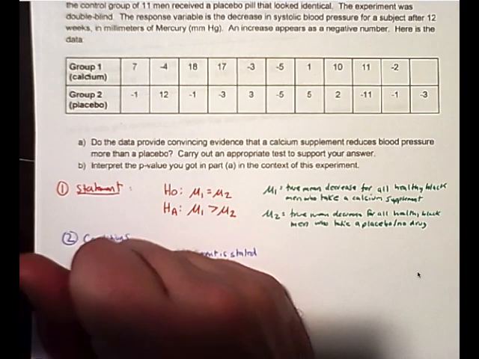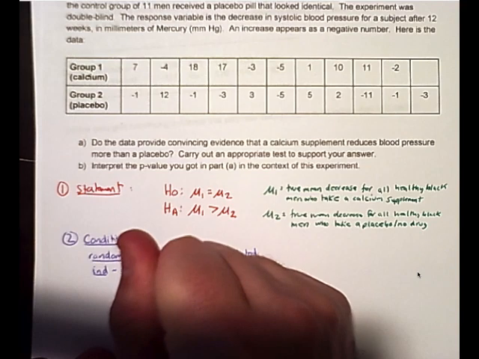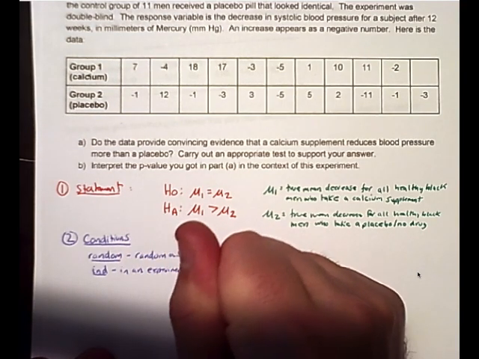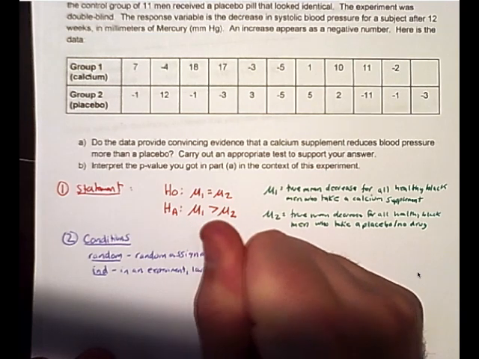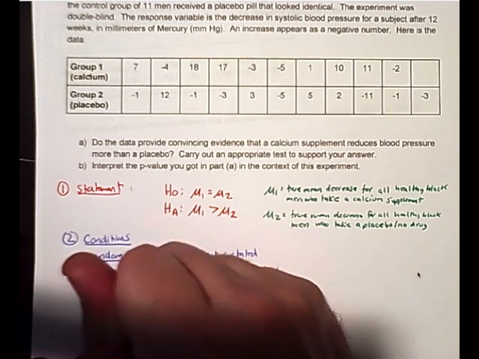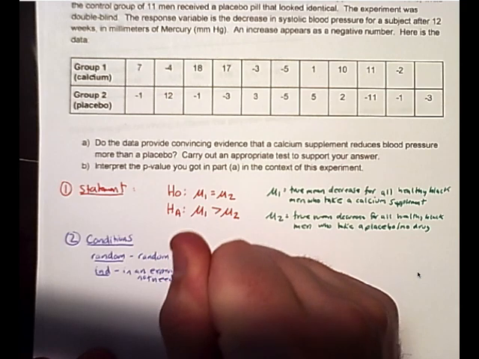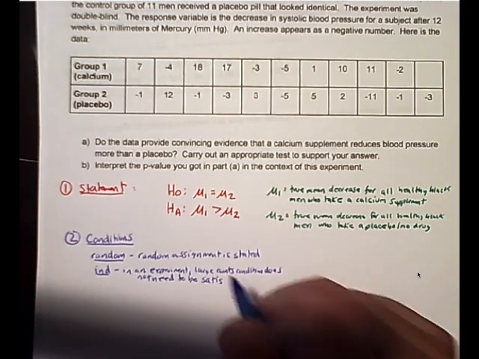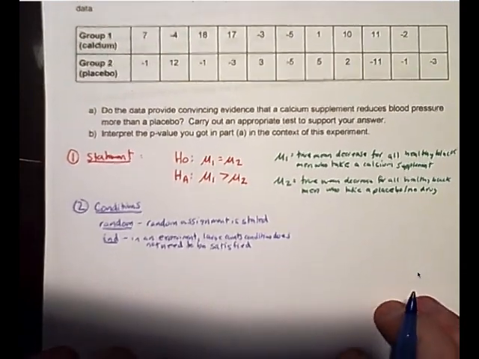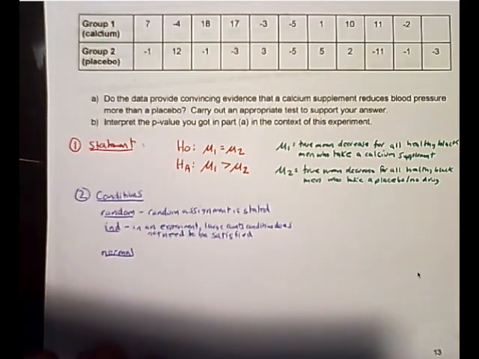Independence is the next condition. In an experiment, large counts condition does not need to be satisfied. Okay, that's that capital N greater than 10n. And the normal condition, still have to worry about that one.